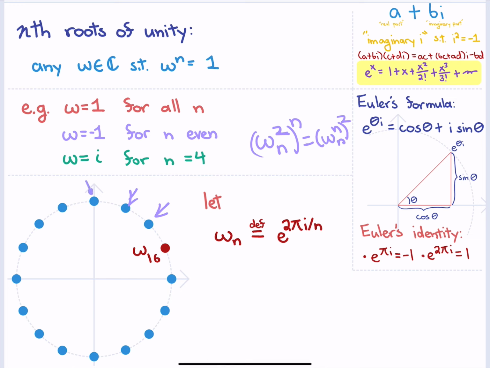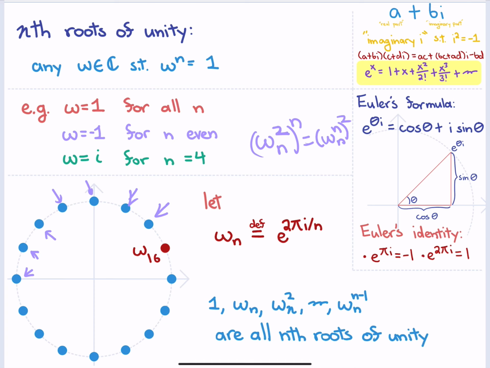Each of these values, the third power, the fourth power, the fifth power, each represents a distinct root of unity. You need Euler's formula to see this, and in fact, that gives all n roots of unity. Because we know this polynomial x to the n equals 1 only has n zeros.